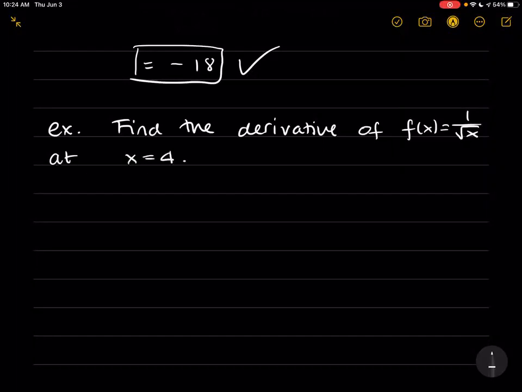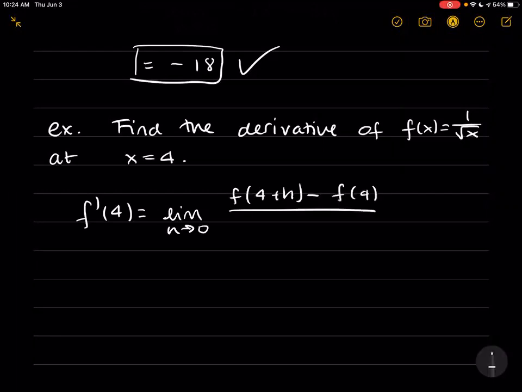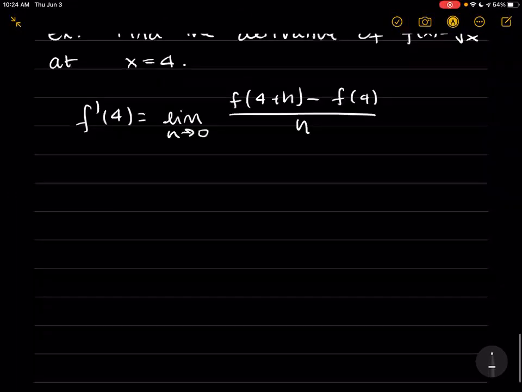So we want to find f prime of 4. I'm going to go ahead and use the same limit characterization of derivative as I did in the previous example. So this could be the limit as h goes to 0 of f of 4 plus h minus f of 4 over h.